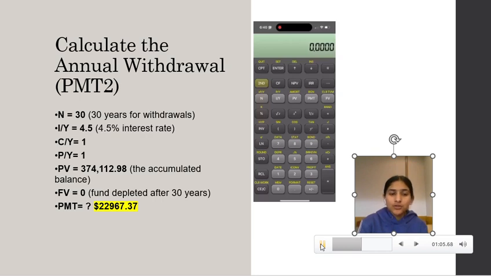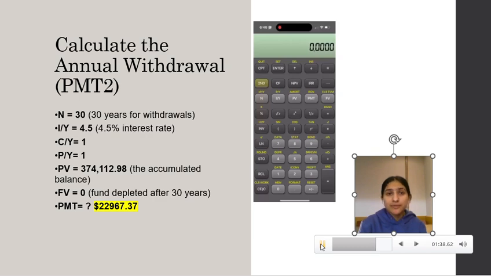Now I use the BA II Plus calculator again to find out the annual withdrawal. Here, the PV is the present value, which is the accumulated amount of $374,112.98. Let's input these values into the BA II Plus calculator. First, clear my previous values. Press second, then F3 to clear the future value.